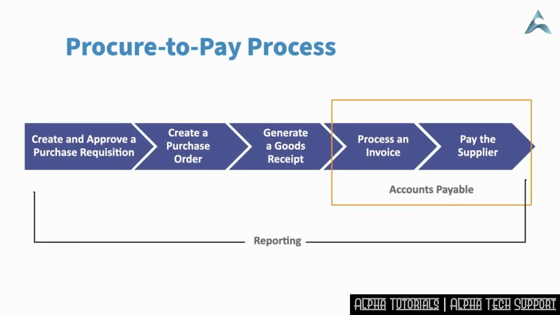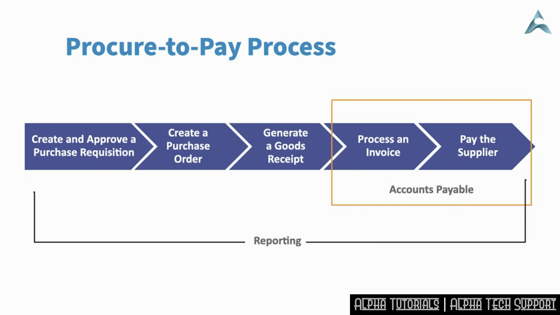We're now going to review what is often referred to as the procure-to-pay process in SAP. Procure-to-pay captures the buying, receiving, and payments of goods or services from an external vendor. This whole process is triggered by a need from the business.